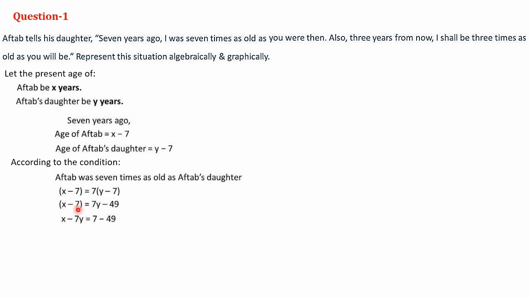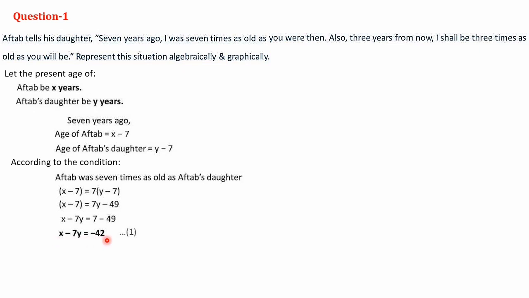The minus 7 on the left side goes to the right side as plus 7. The minus 49 stays as it is. So 7 minus 49 is our RHS, that is x minus 7y is equal to 7 minus 49, which is minus 42. So according to the first condition, we have x minus 7y is equal to minus 42.